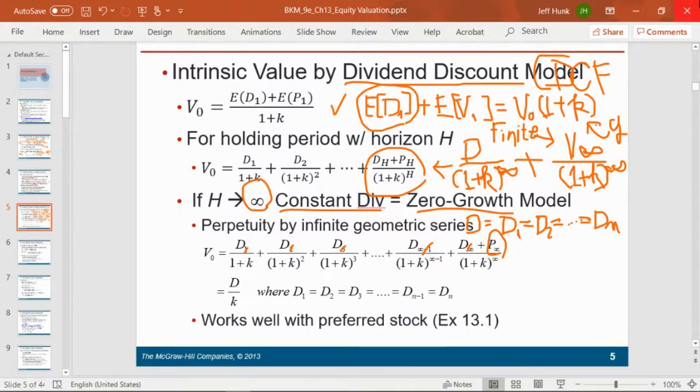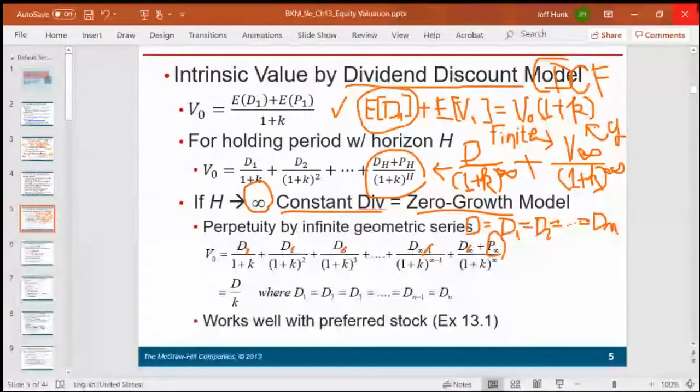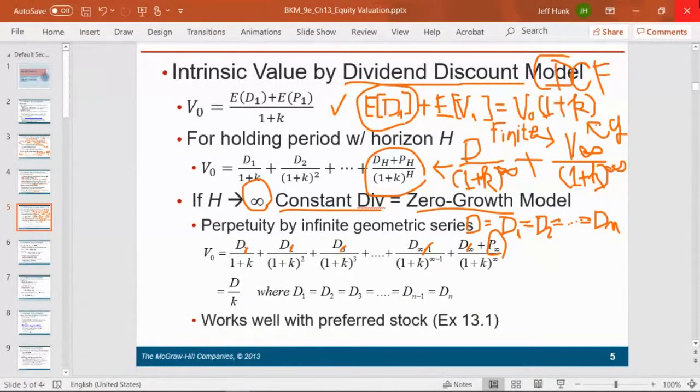Another factor that doesn't allow this to happen is the business cycle. So stock split is one reason this won't happen, right? In other words, the value of the stock at infinity won't be an infinitely large number. It will be a finite number. Another one is the business cycle, right?